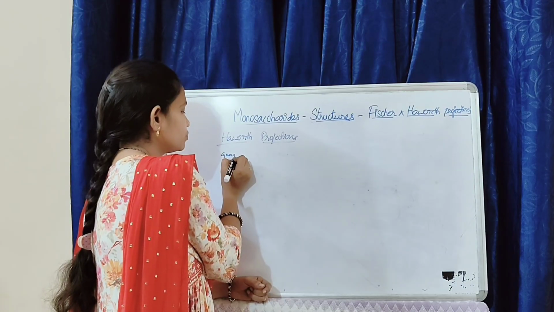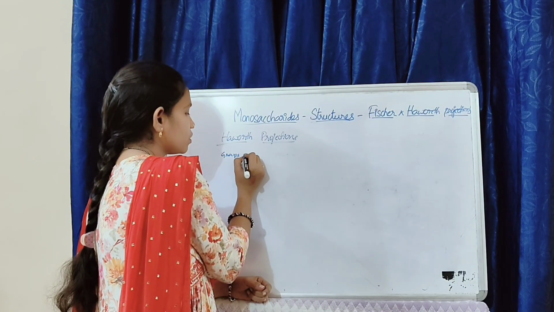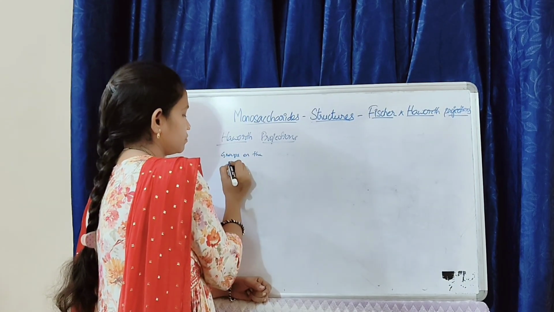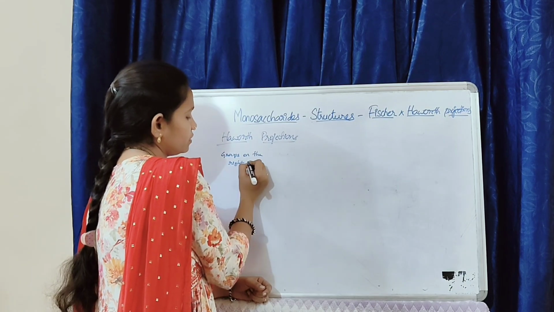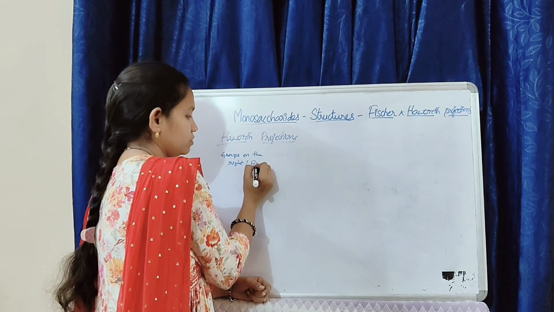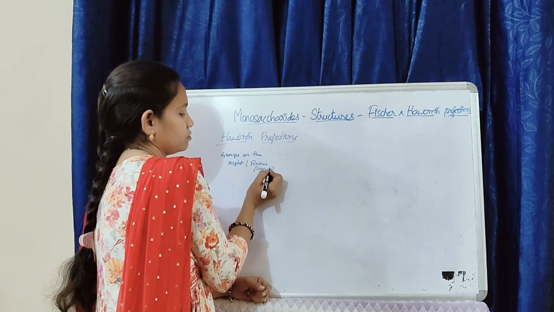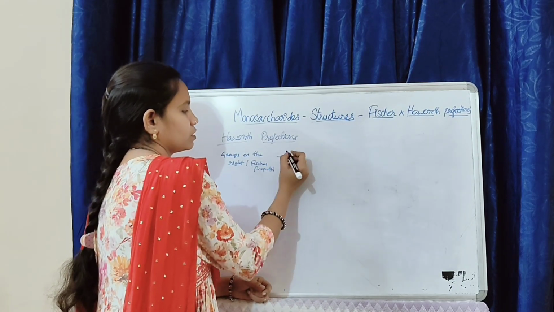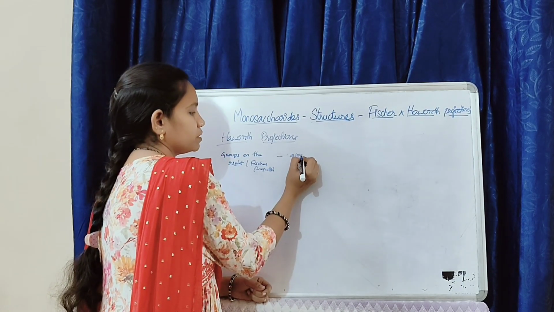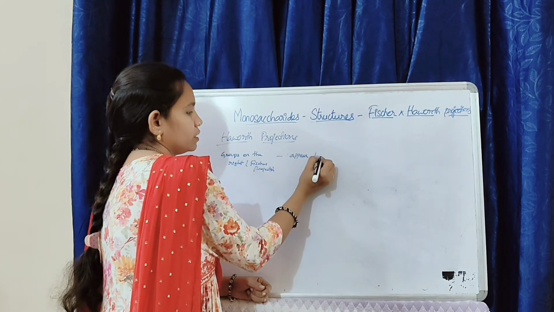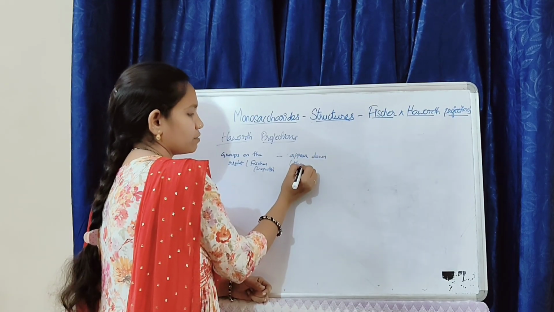Now the rules to draw Haworth projections. First, the groups on the right in the Fischer projection appear down in the Haworth projection.